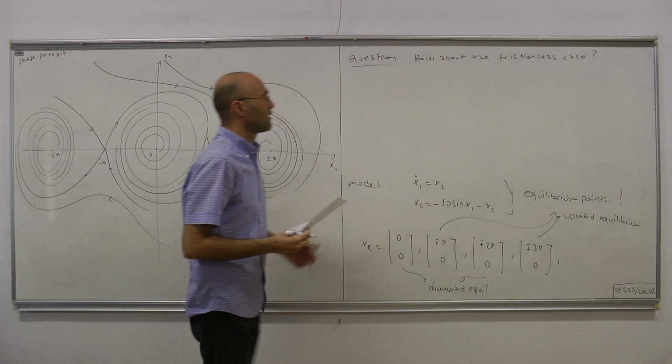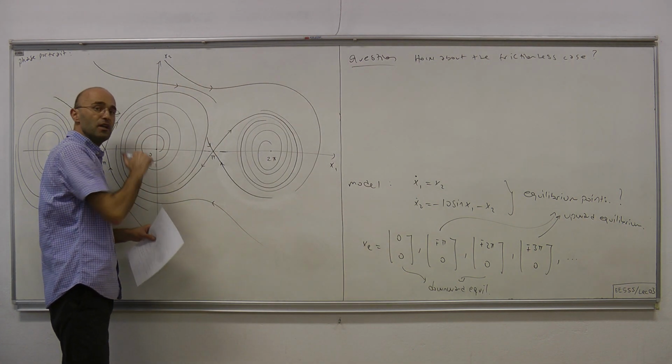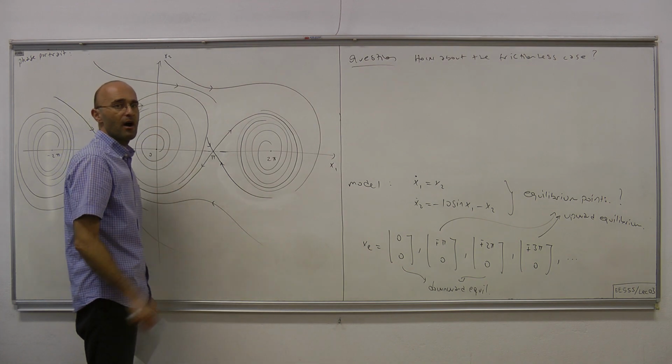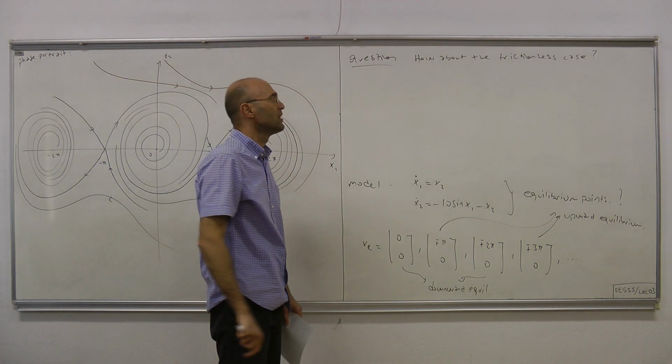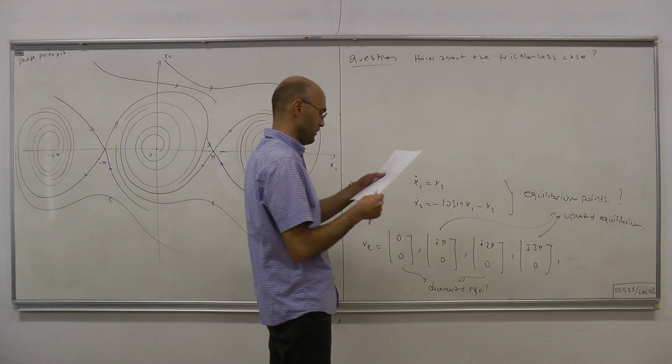Without friction, we're not converging to the stable equilibrium point, but we do periodic motion around it. And how about the trajectories with high energy? It's something nice to think about.